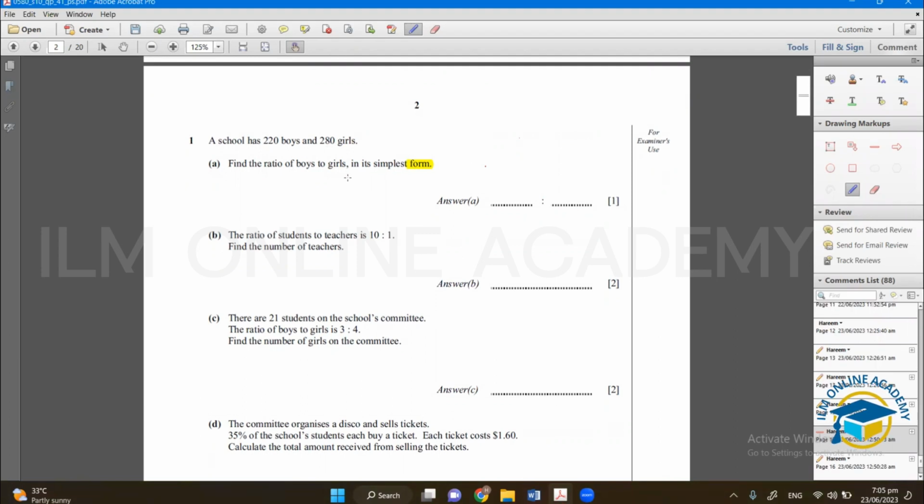The simplest way to find the ratio between two things is to divide them. So 220 divided by 280 gives 11 over 14. So its ratio is 11 ratio 14.